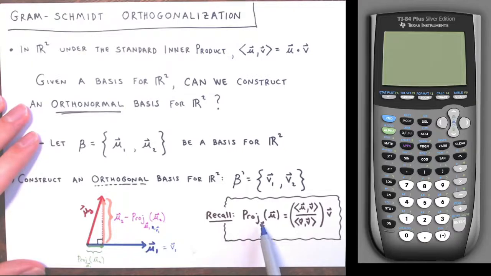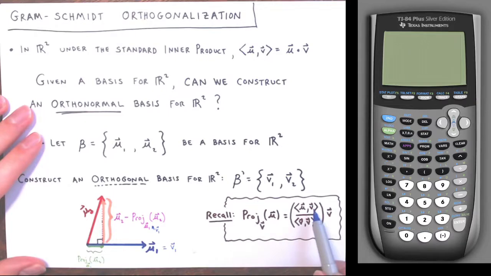And just recall, this is from my last video on projecting, the orthogonal projection of one vector onto another vector. The projection of a vector u onto a vector v is a scalar multiple of v.